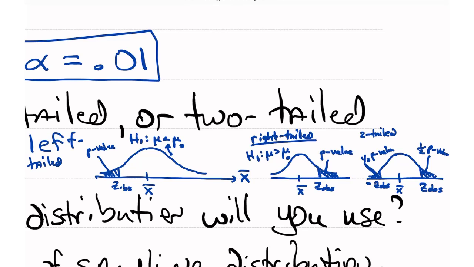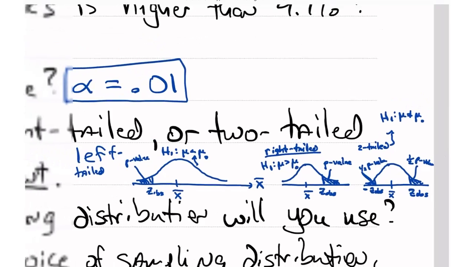And for a two-tailed test, we don't care if it's smaller or bigger, we just want to know if something's different, and so we would write our claim or our alternative hypothesis as mu is not equal to mu naught. Okay? So not equal to or different than. So these are the three.